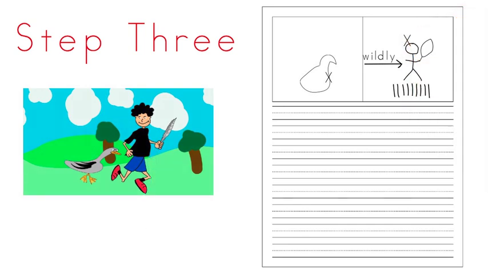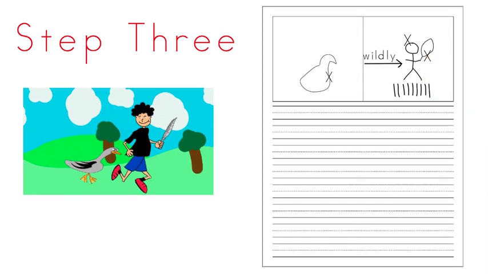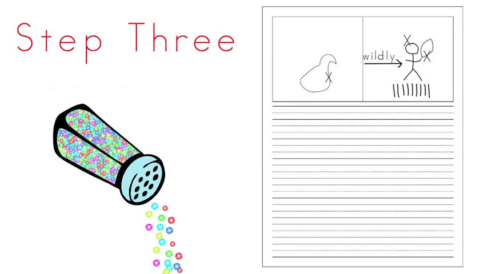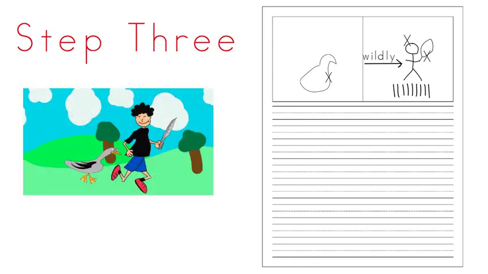Put an X by boy and by feather. Add fancy words. After we decide who or what is important in a sentence, we then go back and add fancy words to the parts we marked with an X.